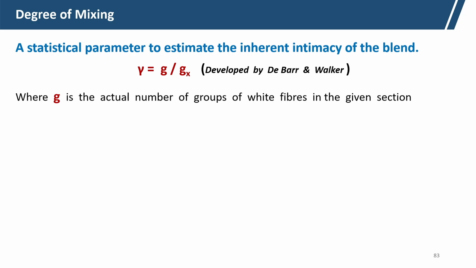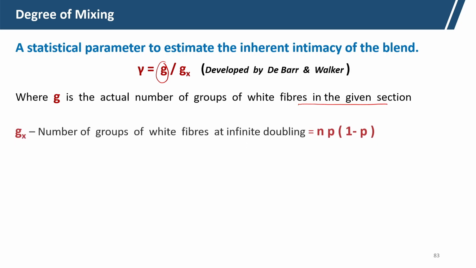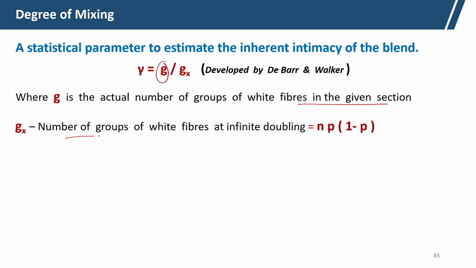G is the actual number of groups of white fibers in a given section, and G∞ is the number of groups of white fibers at infinite doubling. That means, if you are doubling infinitely, you are getting very intimate blending. In that case G, this is the number of fibers in that group.